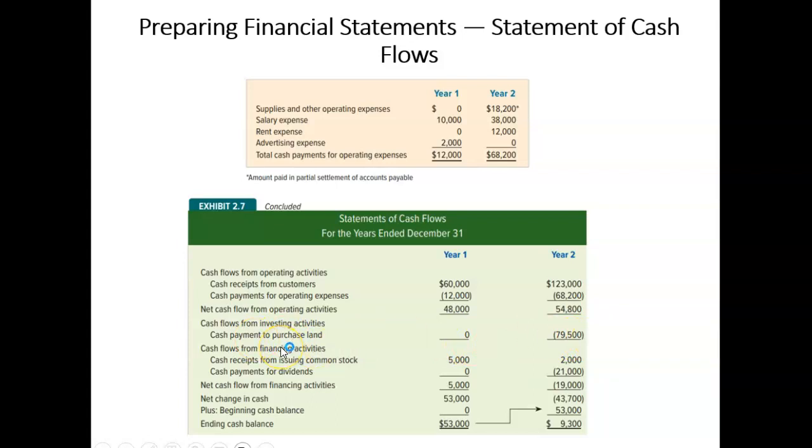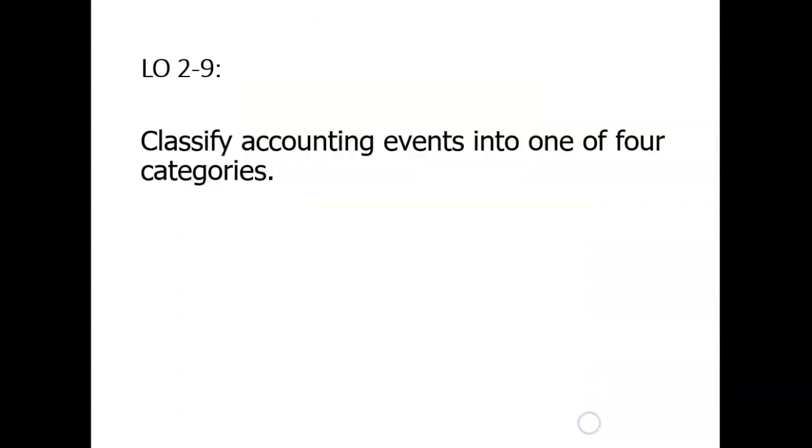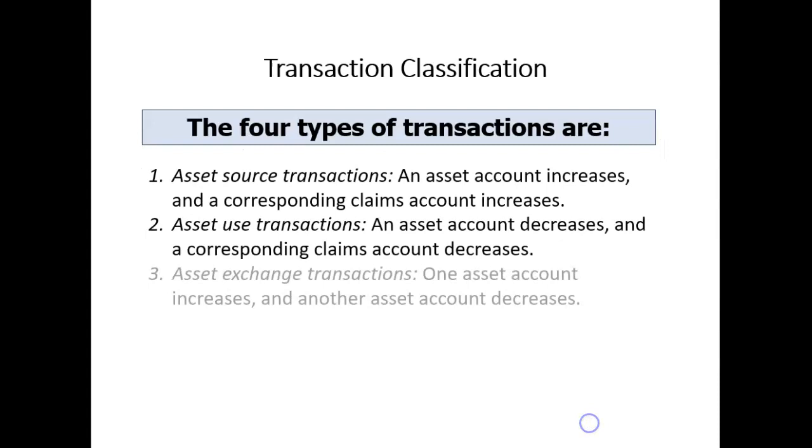For your financing activity, we issued common stock and paid out dividends. So overall, for year 2, your cash account decreased $40,700. Look at your beginning cash balance, $53,000. So our year 2 ending cash balance equates to $9,300.